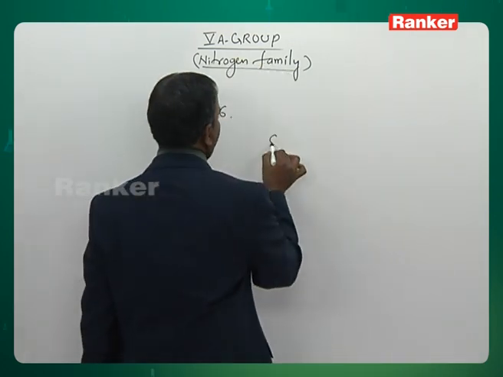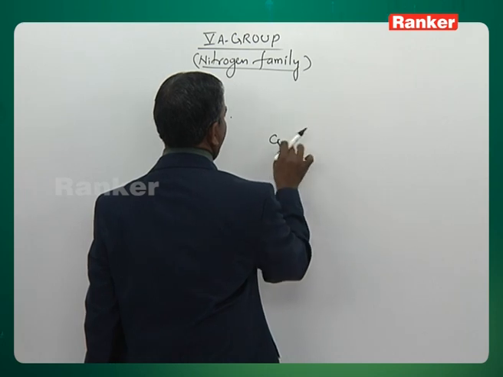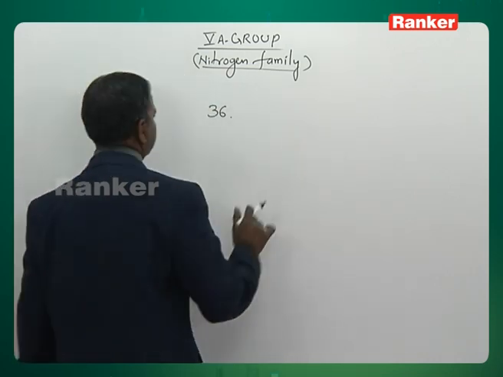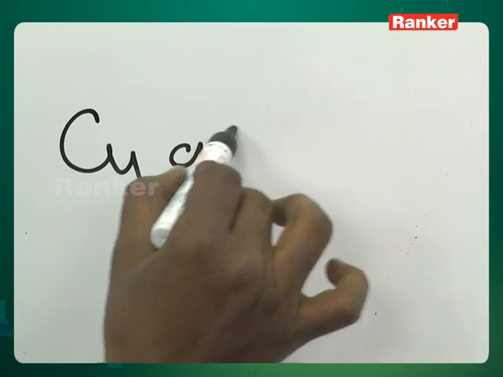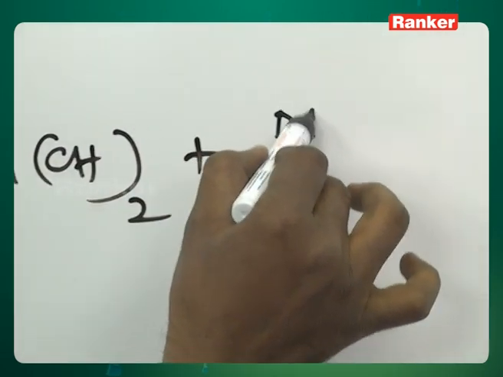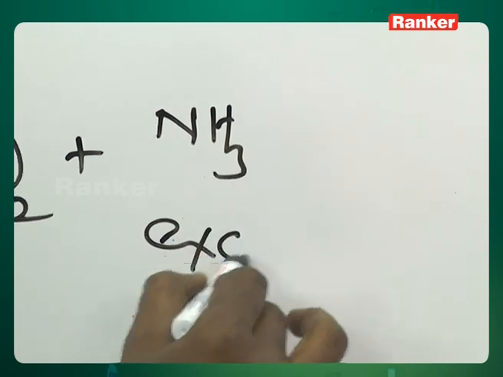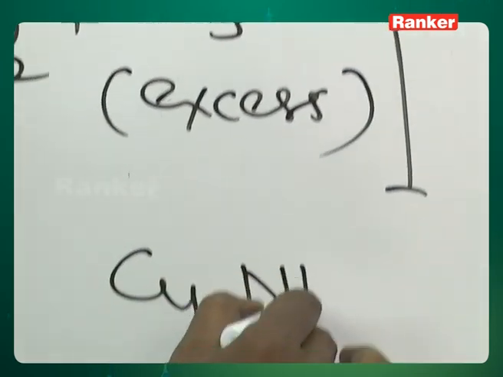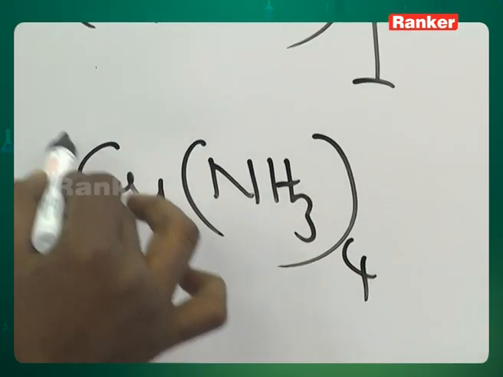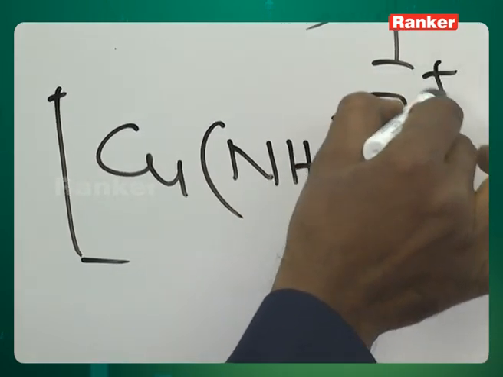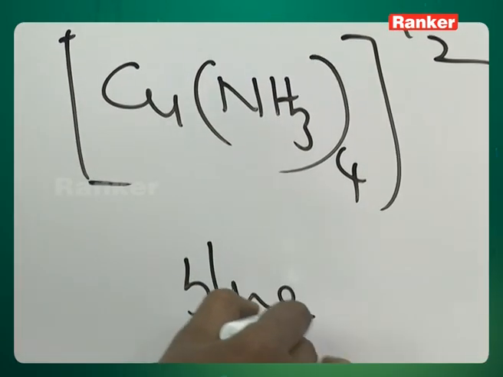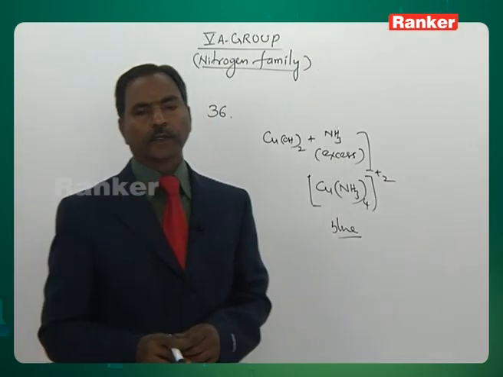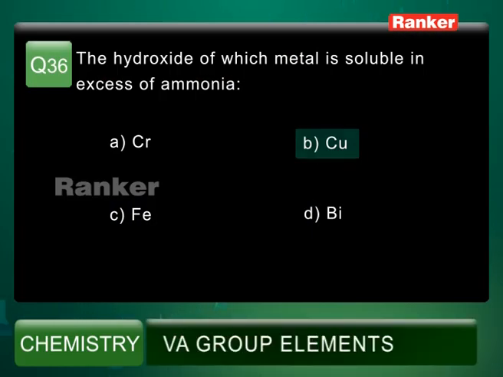Suppose you take cupric hydroxide, Cu(OH)2, and take excess ammonia, it is forming a complex, [Cu(NH3)4]2+, blue in color. So copper hydroxide is soluble in excess ammonia, forming a complex compound. Therefore, question number 36, answer is B.